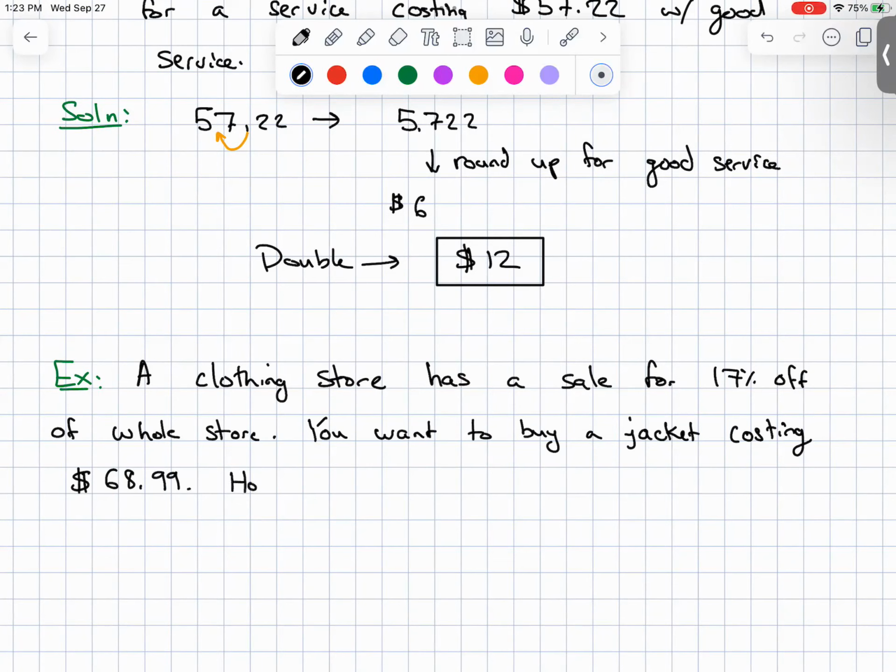How much will you pay if sales tax, which in the great state of Nevada, I believe is 8.38%. It could be wrong though. That might have changed from when I wrote these notes. 8.38% on the sale price.